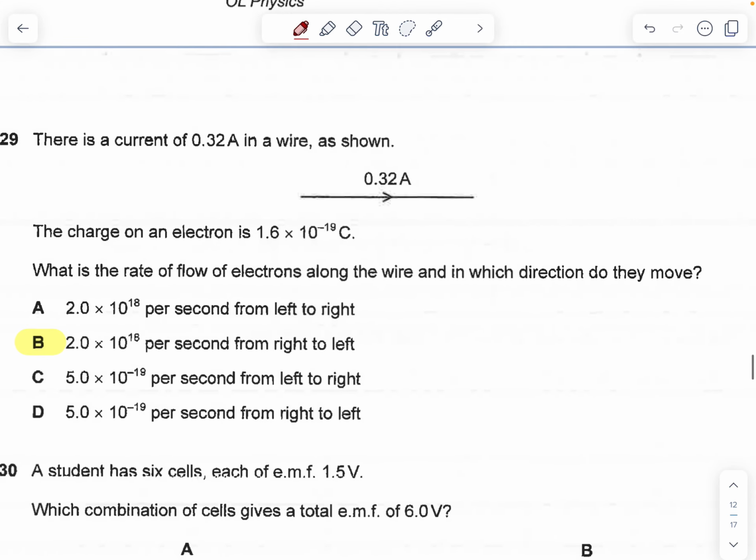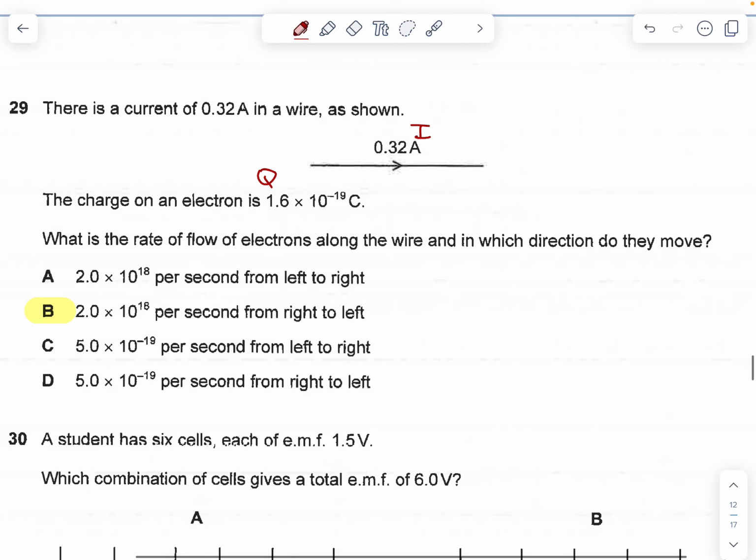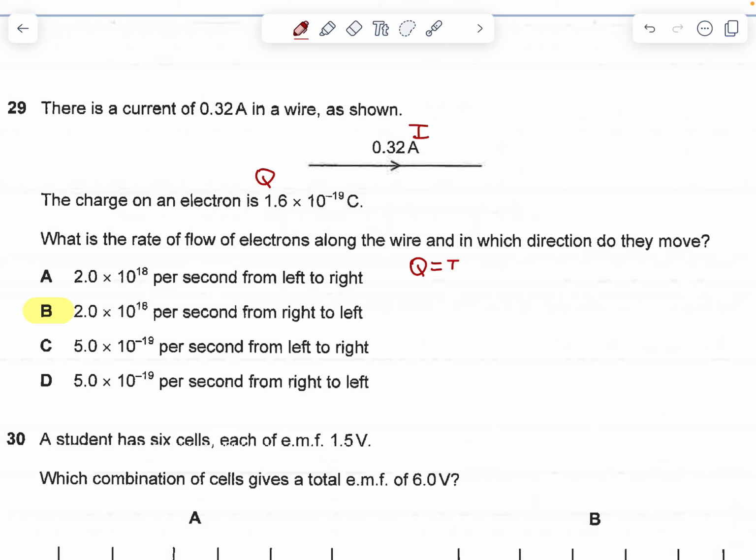Question 29. There's a current of 0.3 ampere in a wire, I. The charge of an electron is 1.6 times 10 to the power minus 19 C. They are asking what's the rate of electron flow and in which direction. So we have the formula Q equals IT.